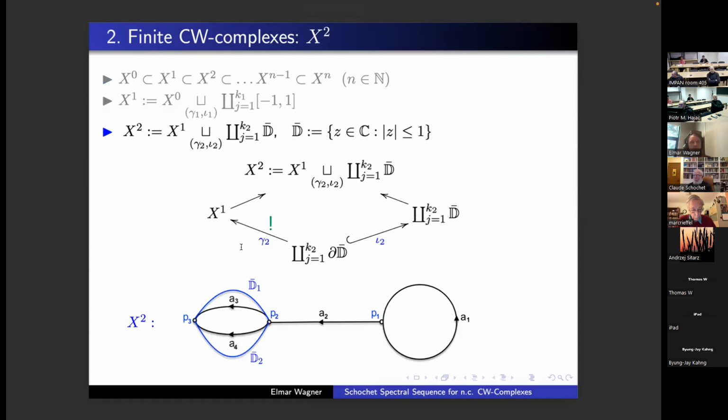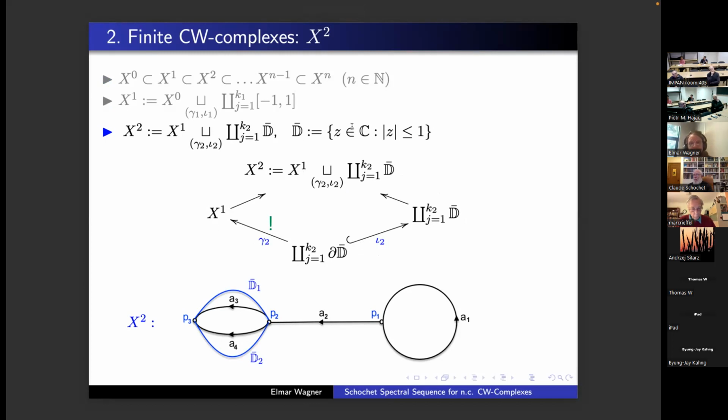And then we go higher, and here are some disks. We have some nice idea about how to deform disks. So let's include disks to some one skeleton. So we take a disjoint union of disks. We include the boundaries, and gamma 2 tells us how to glue the boundaries on the skeleton, and we write again a pushout diagram.